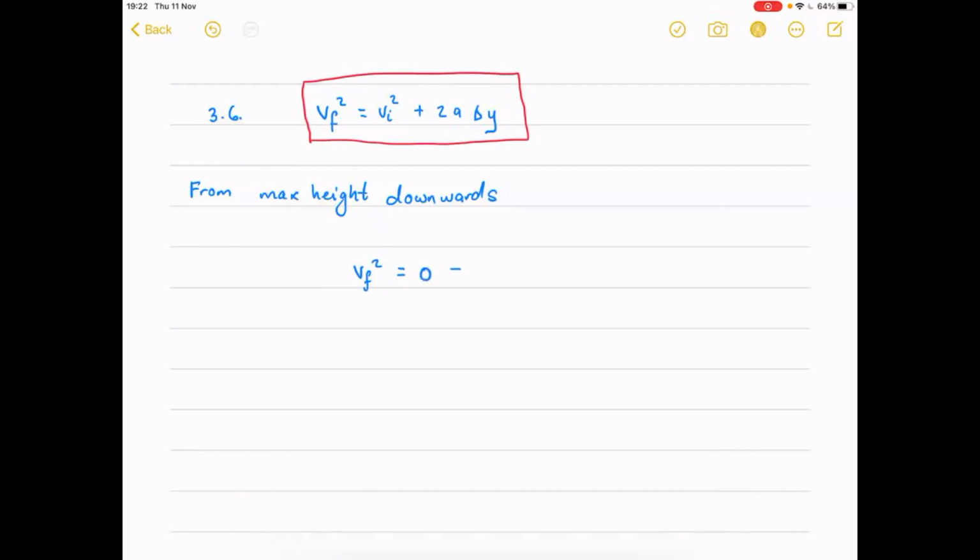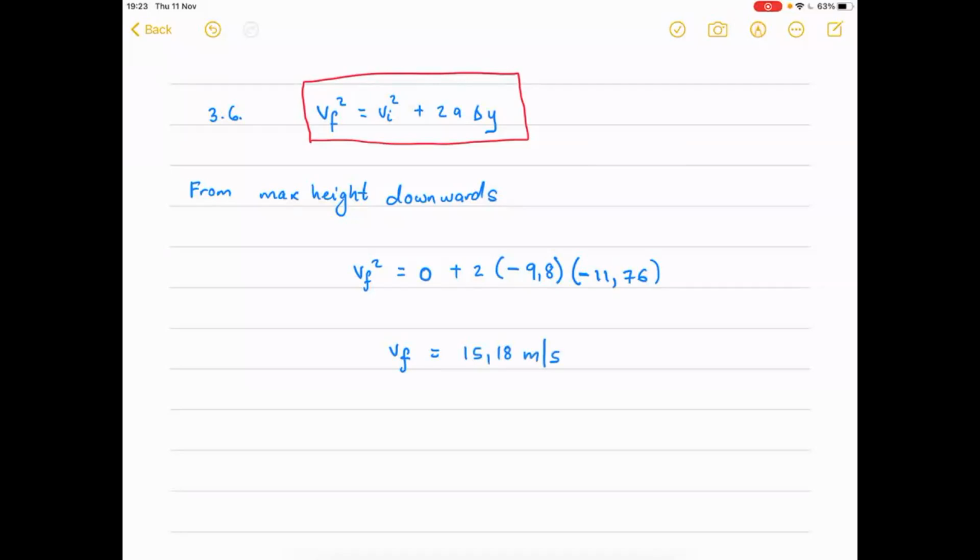It's just 0 plus 2 times minus 9.8 and delta y. If it's from the maximum height till the ground, then delta y is going to be 11.76, but is it going to be plus or minus if it's from the maximum height downwards? And I'm taking upwards to be positive, then this is also negative. Okay, and then if you do that, then you should get that your final velocity is 15.18 meters per second.